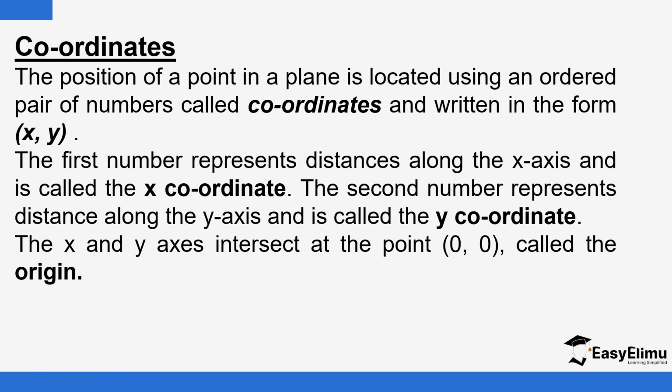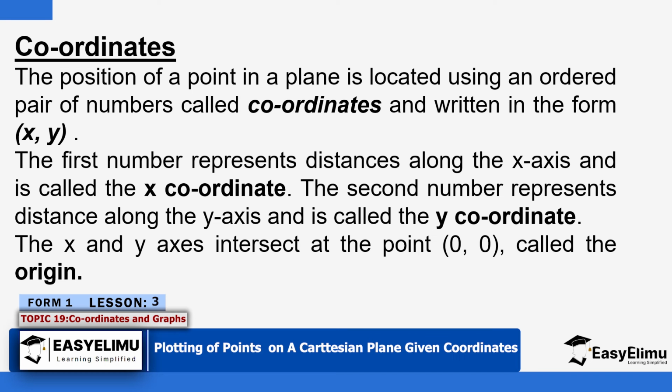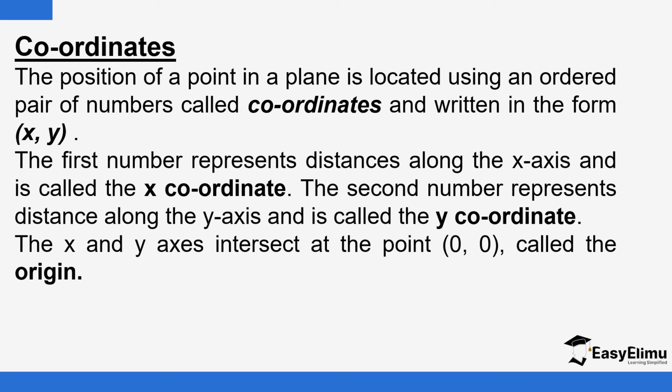We already mentioned in the previous case that the positions of points on a plane can be located using ordered pair coordinates, where the x-coordinate comes first and the y-coordinate comes second. The first number represents the distance along the x-axis.